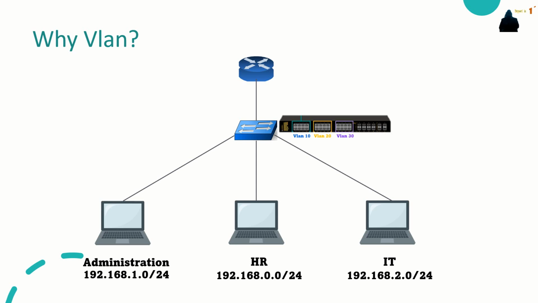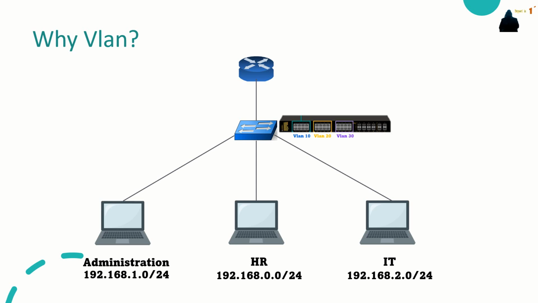For example, in this situation, you can see I can assign 8 ports here for VLAN 10, 8 ports here for VLAN 20, and 8 ports here for VLAN 30. 10, 20, 30, three VLANs, or maybe you can do different assignments or configurations, but this is just an example.